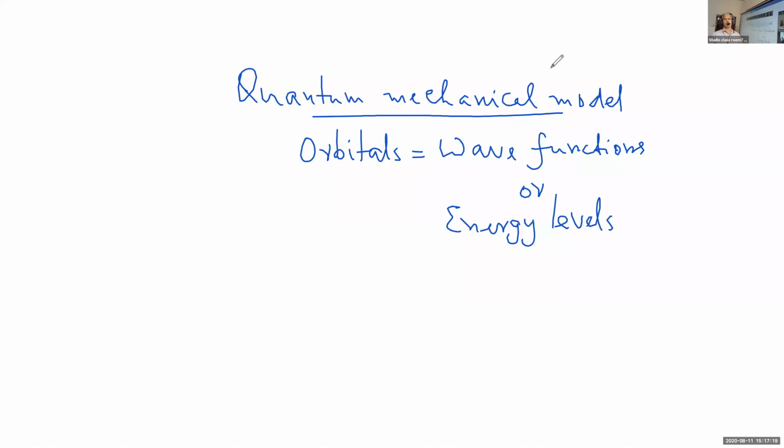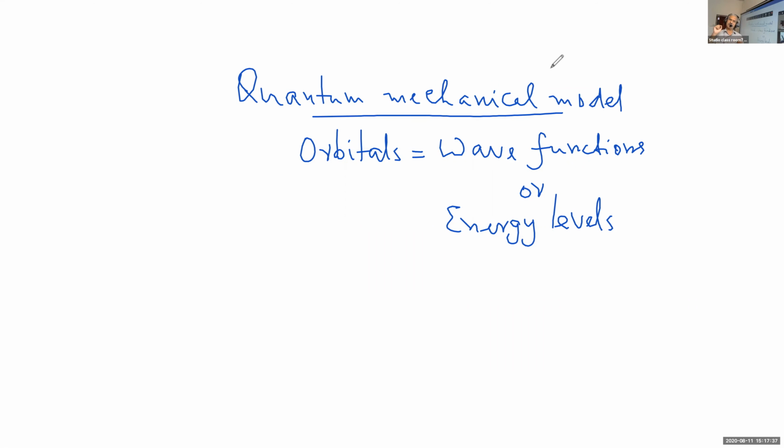We need not go deep into that. We'll study that at a higher level, that means in the degree level as well as in the PG level, in more detail. So there is an equation known as the wave equation.